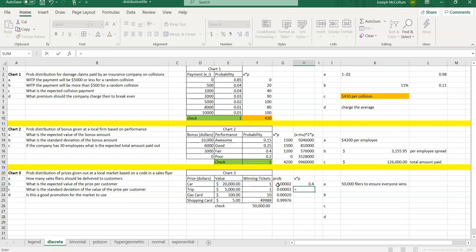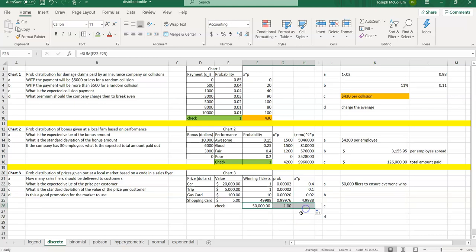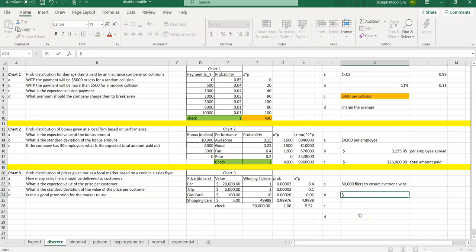You would write all those down, and after you have all those down, you can sum that up. And the summation of that would be the expected value. So I know the expected value of the price per person is $5.52. So $5.52 per person payout.